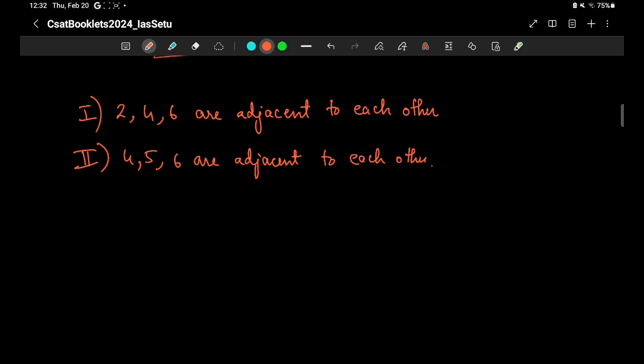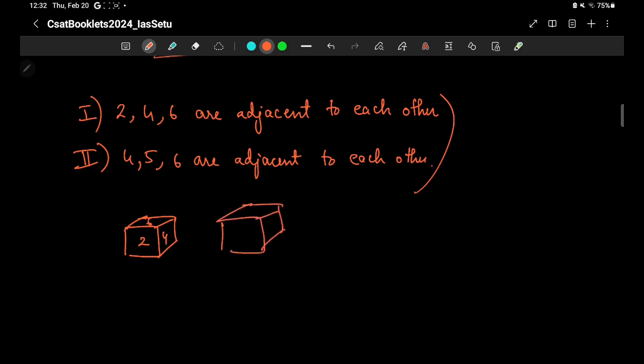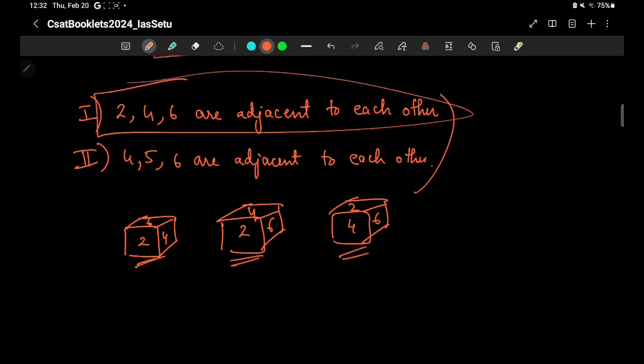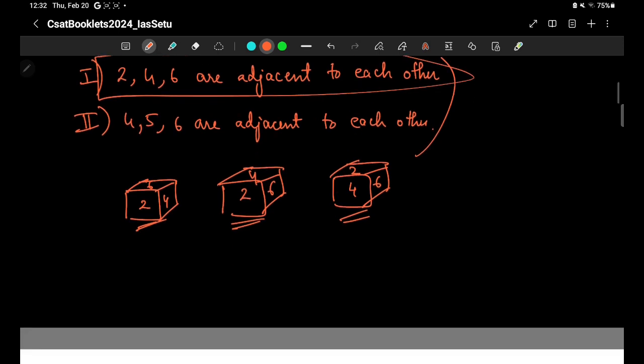We can find only one opposite pair in this case, right? Let's see this one. 2 4 6 are adjacent to each other, so it can be like this, or like this, or like this. We don't know the exact orientation, just the statement is given here. And this 4 5 6 also, it can be anyhow. I don't exactly know the orientation.